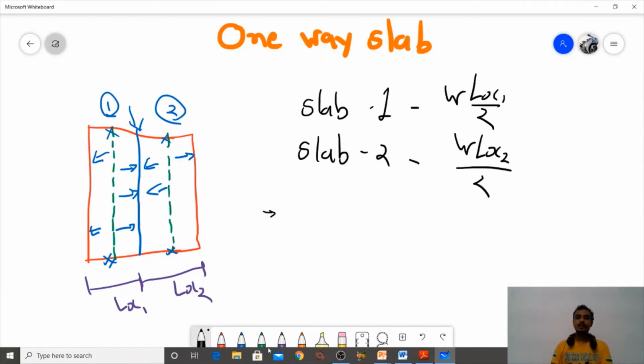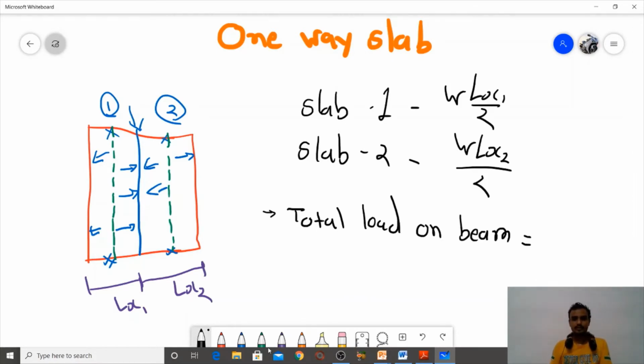The total load on the beam is WLX1 by 2 plus WLX2 by 2. These are the loads transferred from the slab to the beam, so simple for one-way continuous slab.